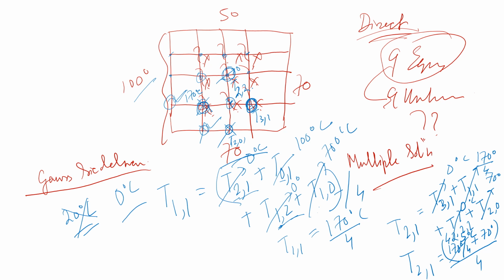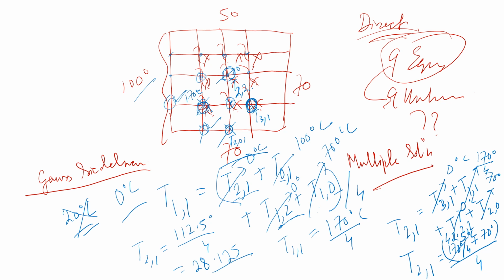So T21 will be around 112.5 degrees centigrade divided by 4, which will be again your 0.125 like this.